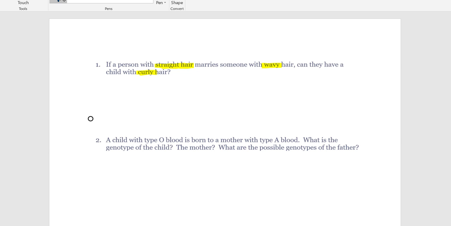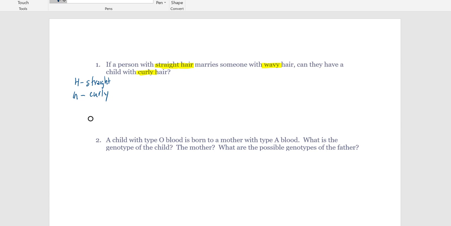Okay? So really, other than that, this just boils down to a regular question in which you can set up a Punnett square. A person with straight hair marries someone with wavy hair. Can they have a child with curly hair? So for me, I'm going to assign big H as my straight hair. I'm going to assign little h as my curly hair, right? And so remember, those are the two extremes, straight or curly, and wavy somewhere in the middle.